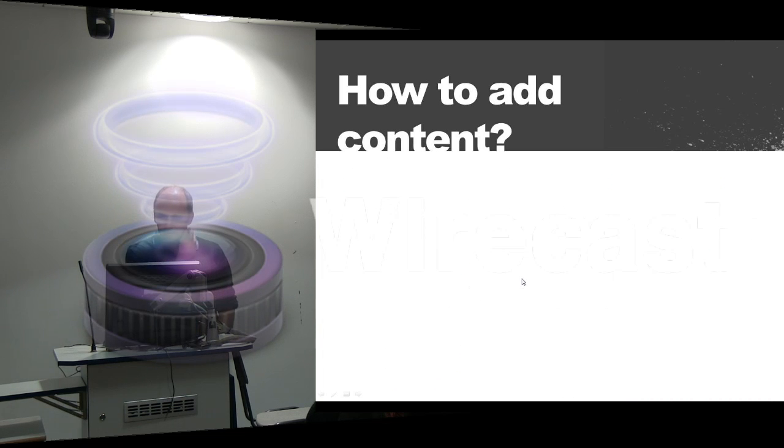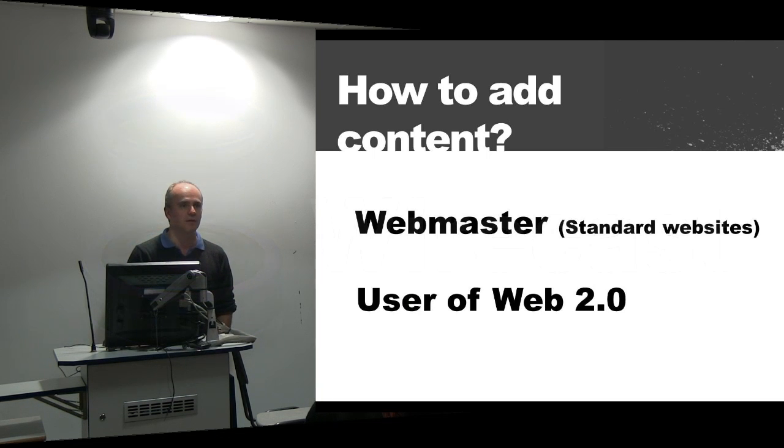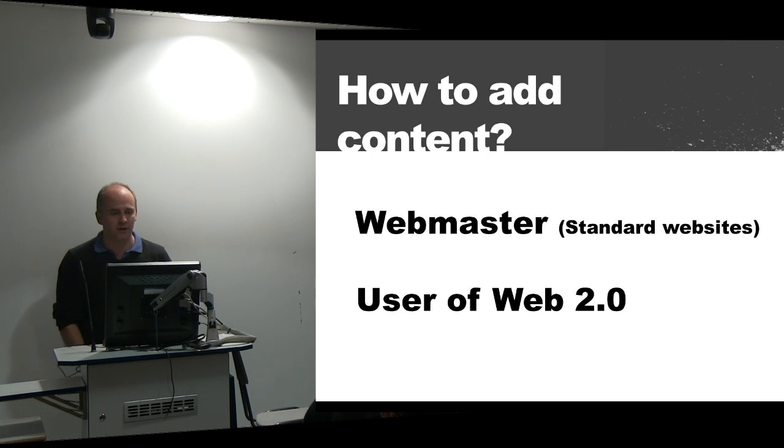Okay. So how to add content on the web? There are two ways. Either you are a webmaster, and you are in charge of the content, and you can add whatever you want, or you are a user of Web 2.0.